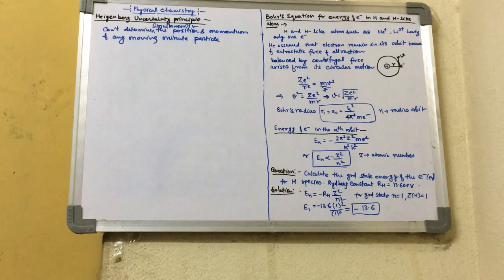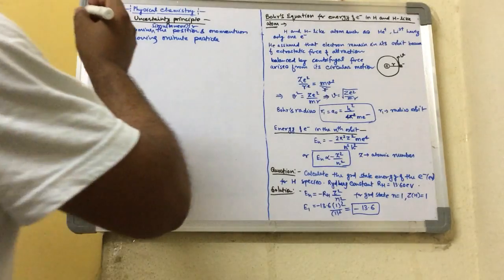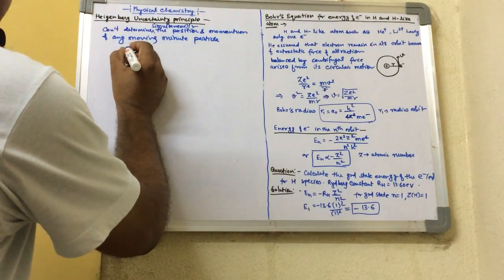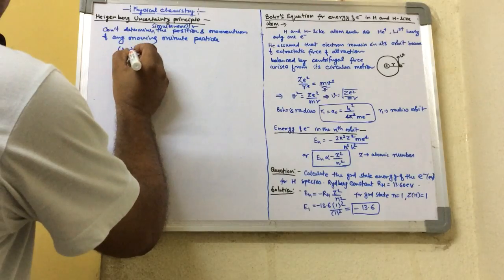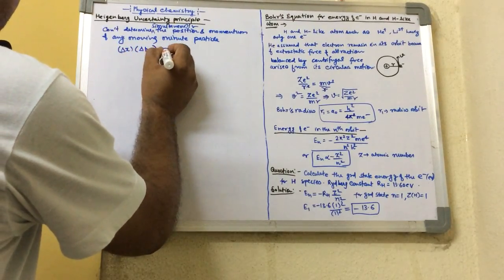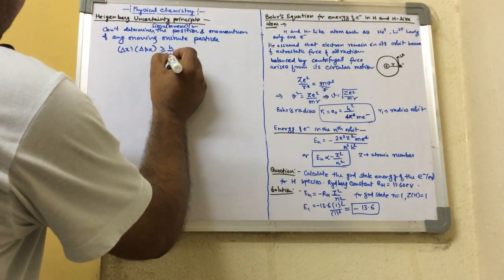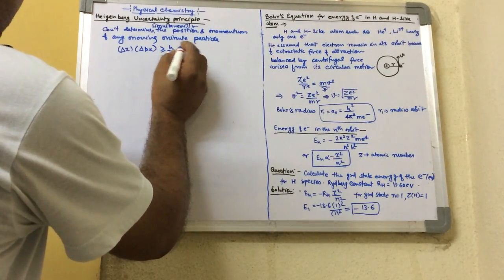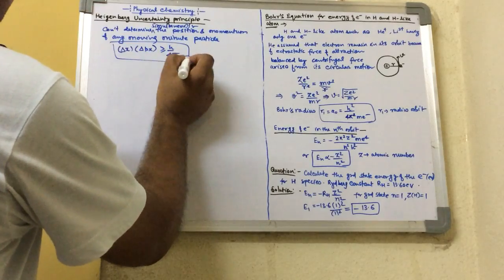One very important formula related to the uncertainty principle: del x del p greater than or equal to h upon 4 pi. Okay, this is a very important formula.